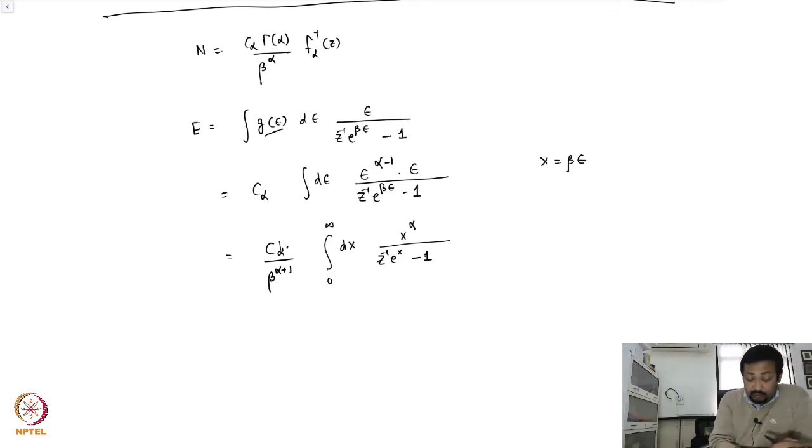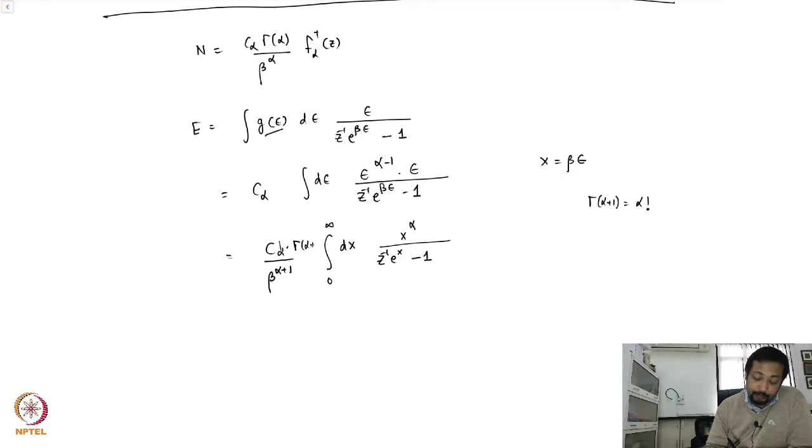So again, comparing with the integrals that we had, the Bose integrals that we had defined, I'm missing a factor of 1 by alpha factorial. So Gamma of alpha plus 1 is going to be alpha factorial.